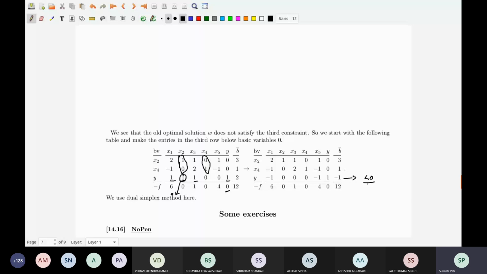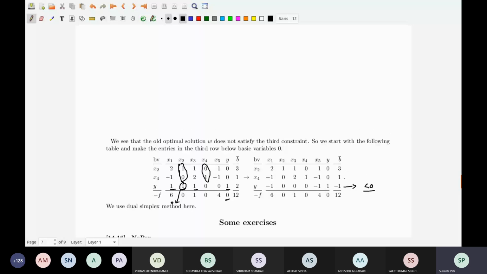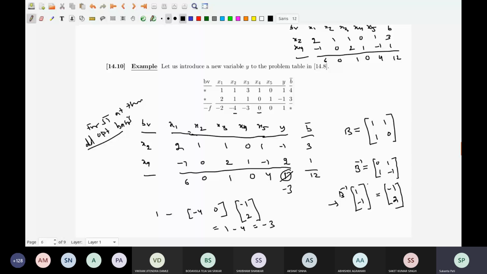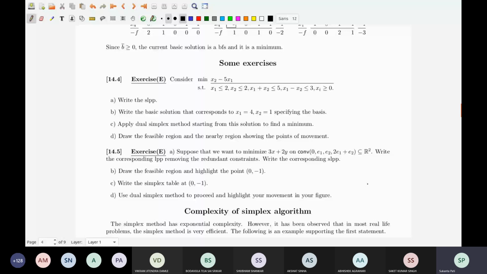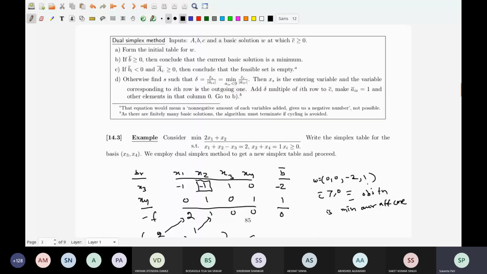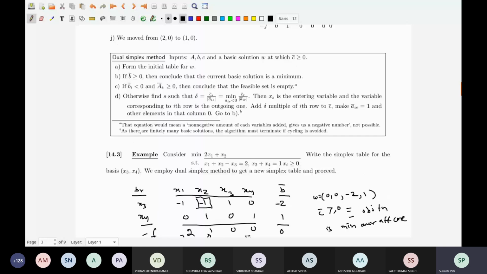I did not spend time over there, but here is this. See what happens if we are careful. There are finitely many basic solutions. The algorithm must terminate if cycling is avoided. We are only talking about, see, how many vertices are there? Finitely many.